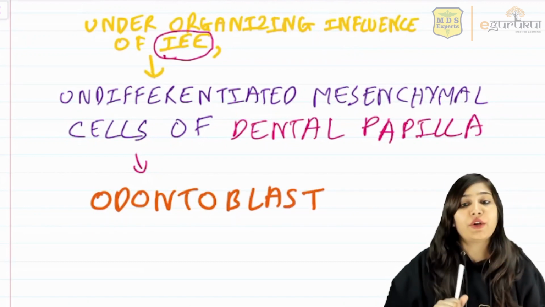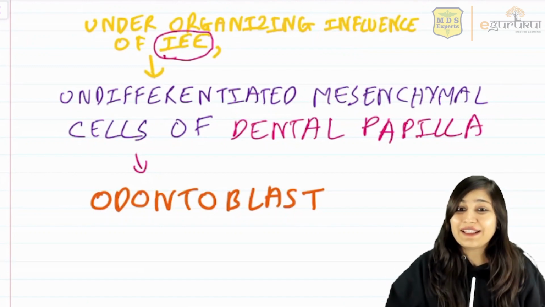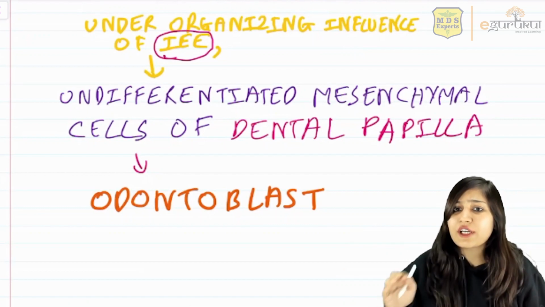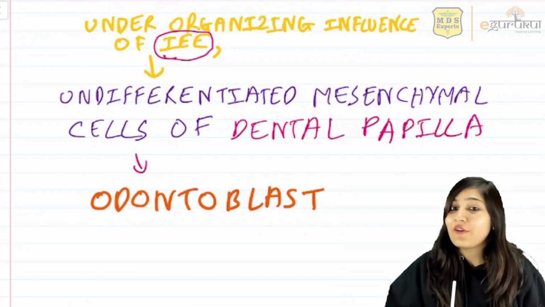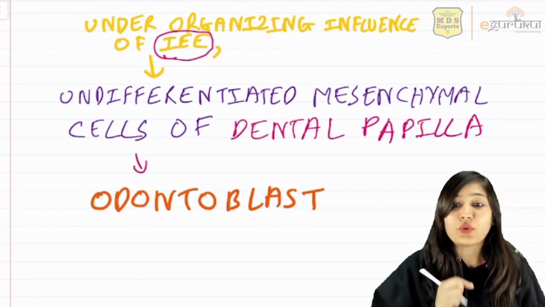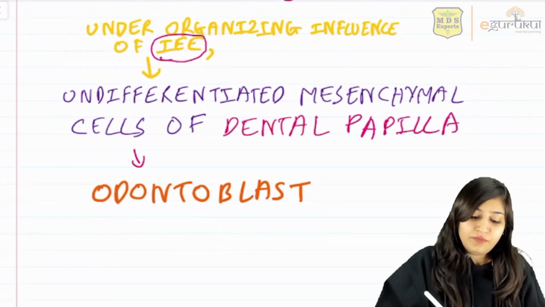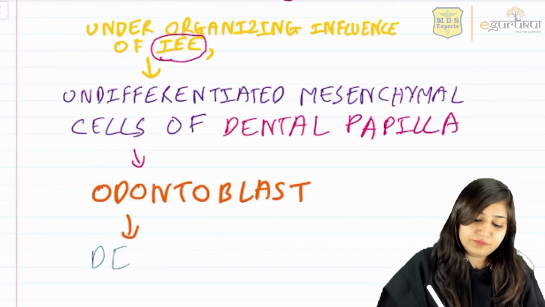Now these odontoblast cells will be involved in the formation of what? Dentin. Is dentin found only in the crown portion or in the root portion as well? Dentin is found in the crown as well as the root. In the crown it is covered by enamel and in the root it is covered by cementum. So here odontoblast cells will form dentin.